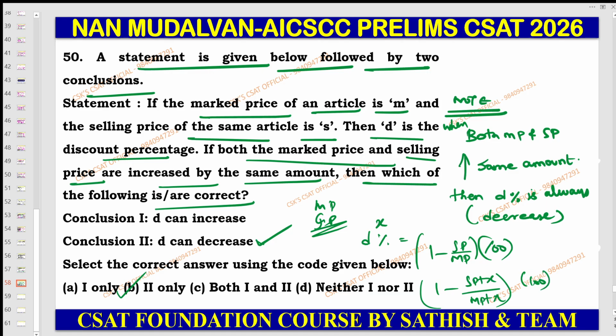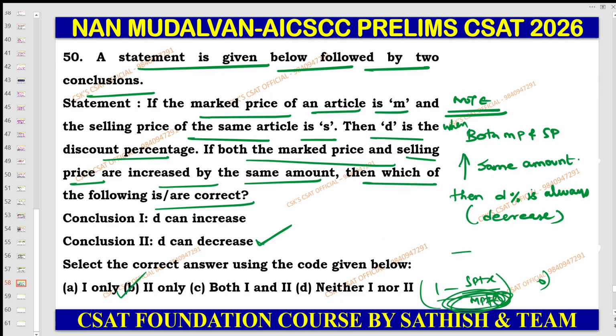Even if you cross multiply, the denominator is MP plus X. When some value is added, the numerator automatically gets reduced. Understood the logic? These default things you need to get.